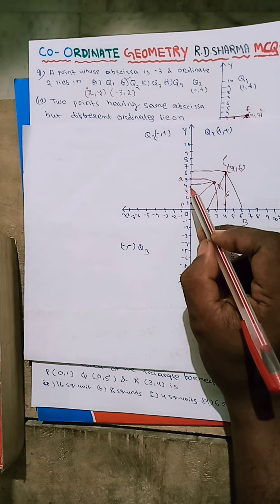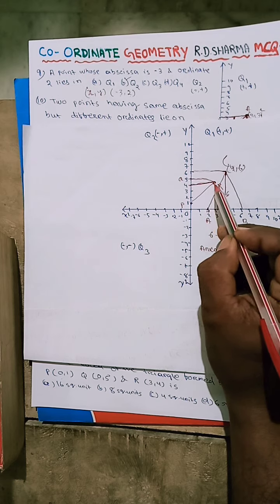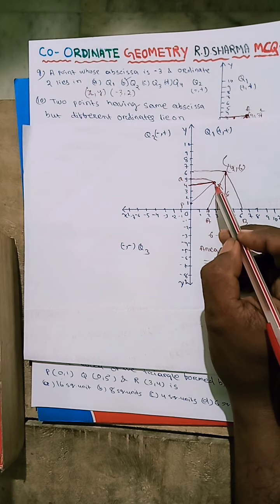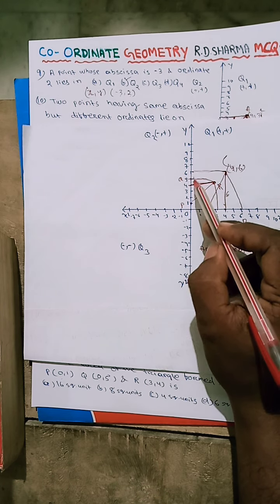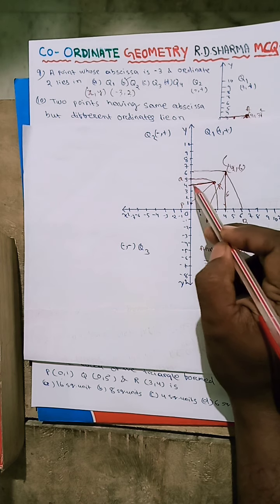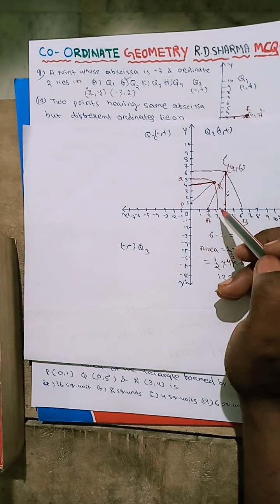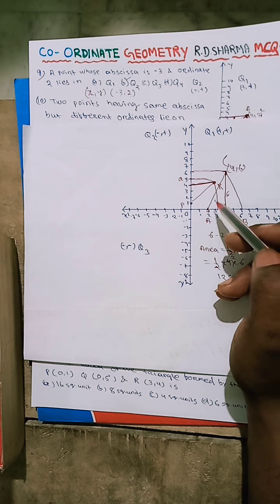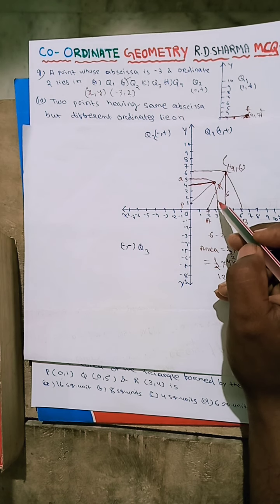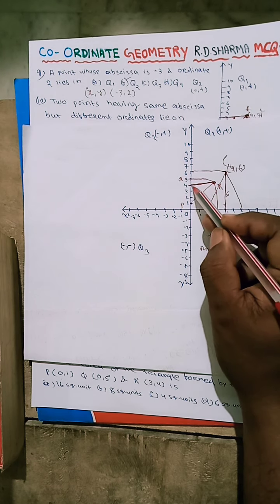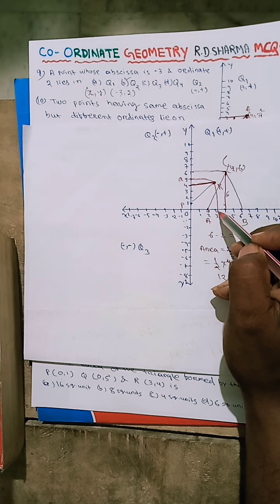Now mark the perpendicular. This is the perpendicular. The perpendicular from the point R to the y-axis is equal to the value of x. Value of x means value of abscissa, which is equal to 3.